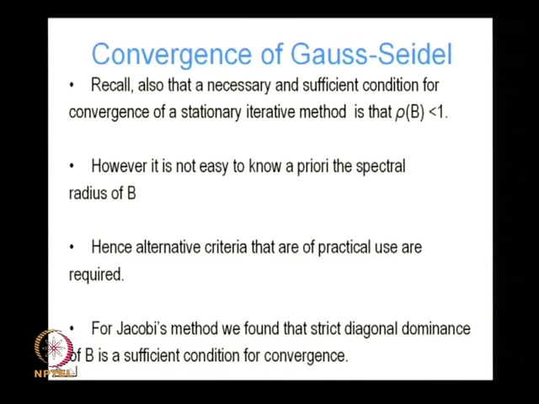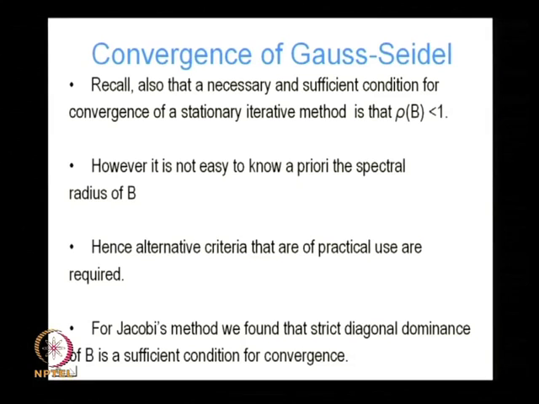However, it is not easy to know a priori the spectral radius of B. It's not always possible, before doing the iterations, to solve the eigenvalue problem and find the largest eigenvalue of B. That is simply too cumbersome and too expensive.